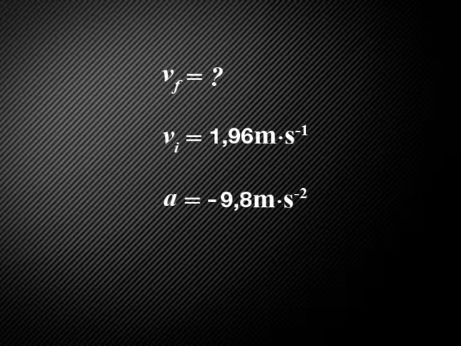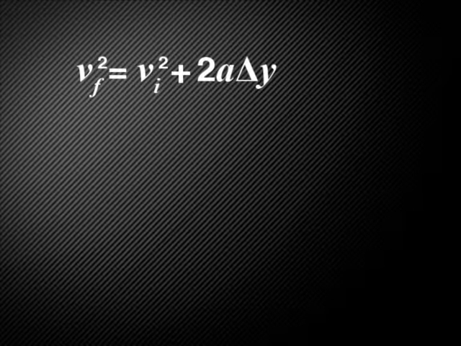Acceleration is negative 9.8 meters per second squared. The total displacement of the ball is negative 4 meters. This is because the ball ends 4 meters below the window and down is the negative direction. The equation to be used is final velocity squared equals initial velocity squared plus 2 times acceleration times change in displacement.